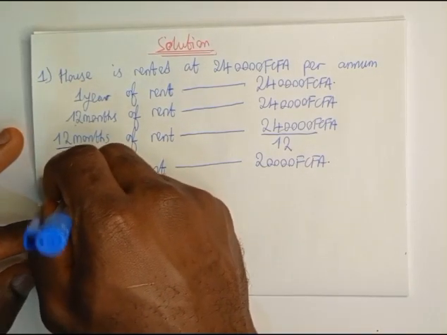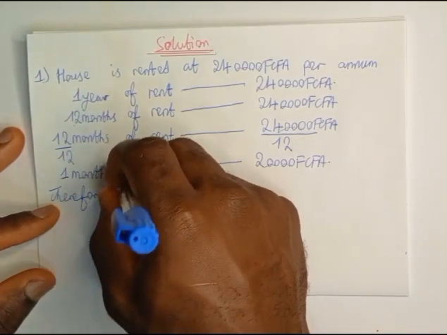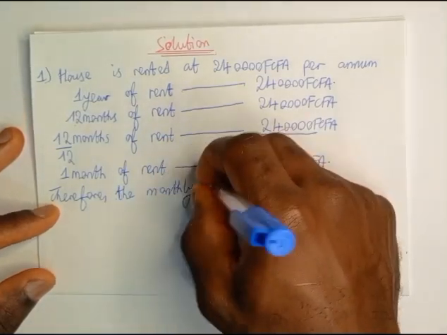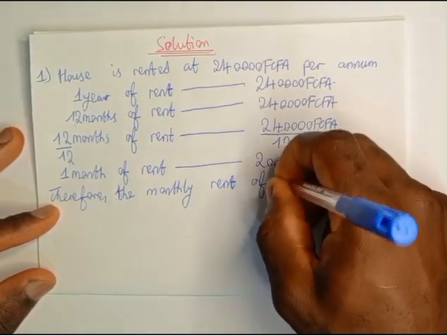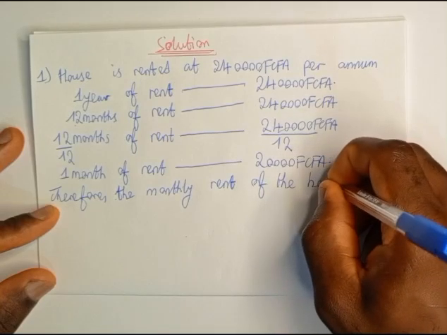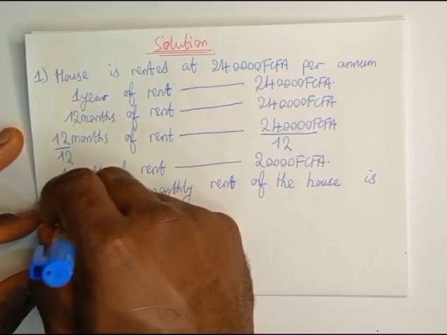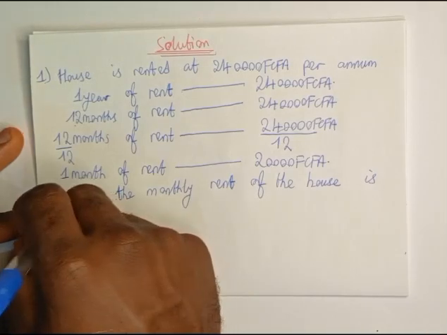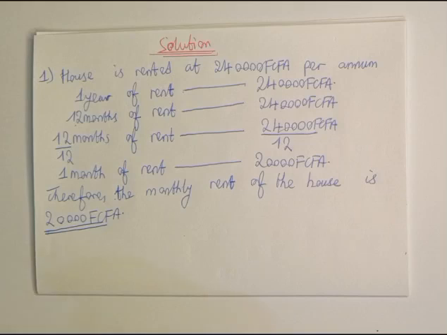We conclude therefore, the monthly rent of the house is 20,000 francs CFA. We underline the monthly rent. We can decide to write it as 20,000 francs CFA per month.